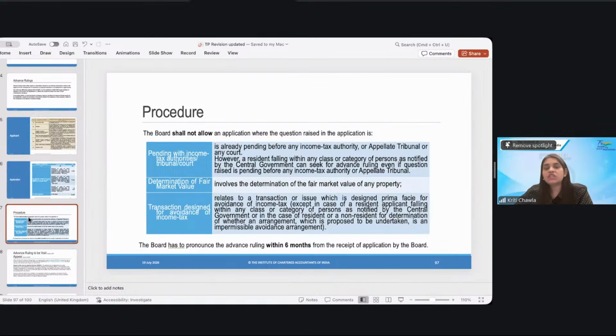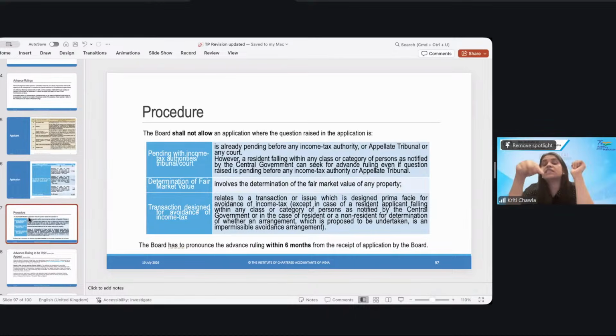Well, the board shall not allow an application where the question raised in the application is one pending before the income tax authorities or tribunal or court. Well, it is for the determination of fair market value or the transaction designed for avoidance of income tax. So if the transaction is already pending before any income tax authority or appellate tribunal or any court, then it is not going to allow the application.